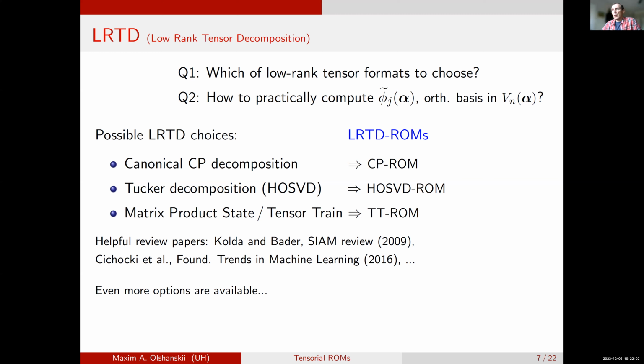If we have a very nice separation of variables, then maybe CP decomposition is good. Our favorite is currently tensor train. But whatever decomposition we choose, the principles are all the same, and it's very easy to replace one tensor decomposition with another one, with just some minimal changes in the algorithms.